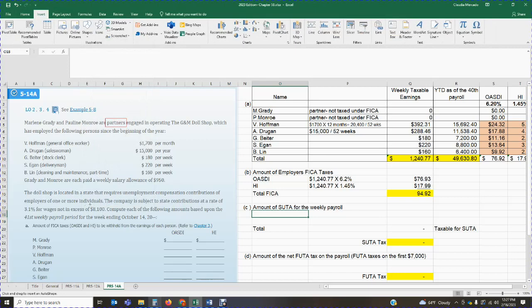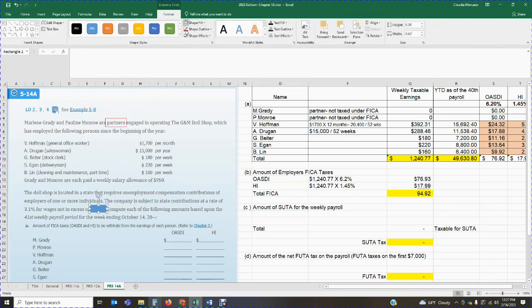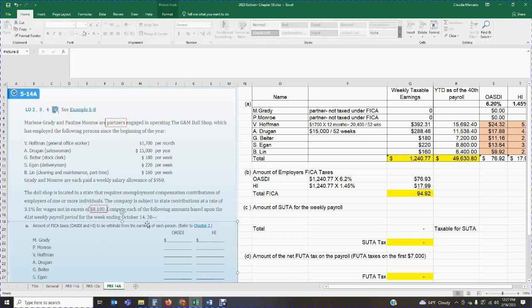So for this particular state that the employees are working under, we're going to pay taxes up to $8,100. Once the employee goes above $8,100, then we're not taxable for that amount, okay? So we only pay taxes up to $8,100.